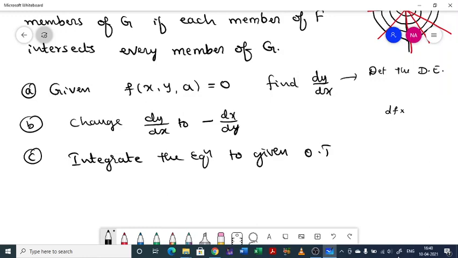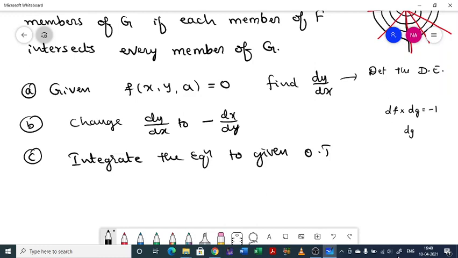Roughly speaking, you have to find the derivative of f, and we need to find g such that df into dg equal to minus 1. Why is df into dg minus 1? Because f and g are intersecting orthogonally, so the product of their derivatives should be minus 1.